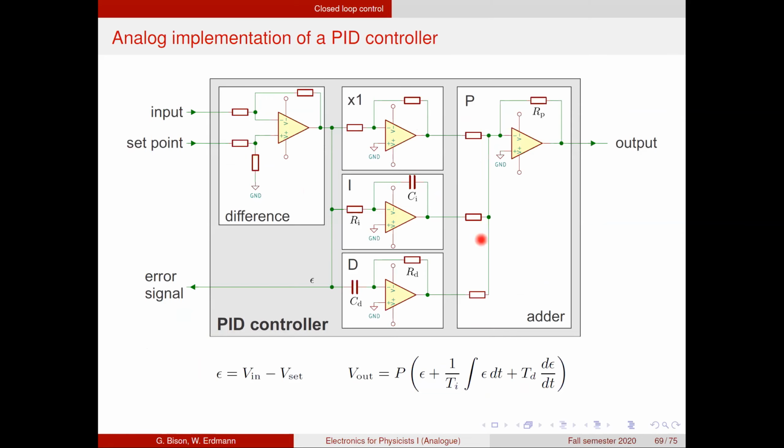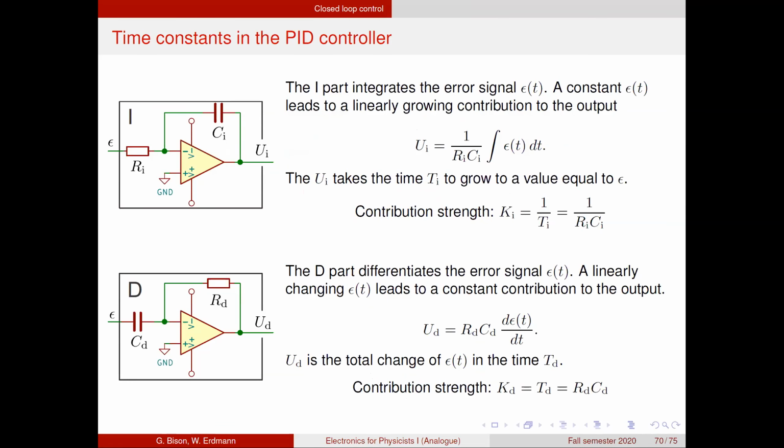So in the sum, if we have a finite constant error signal, then it takes one time Ti such that this term is equally important as this term. So the integration part has a built-in time constant that makes it like a delayed response.